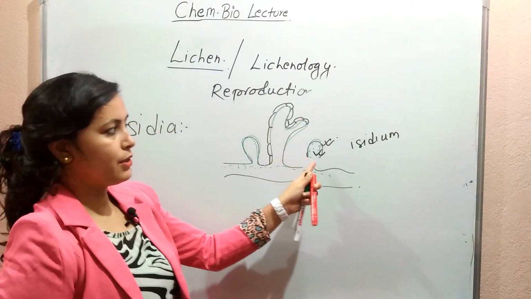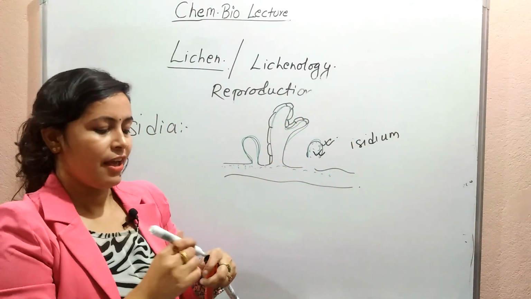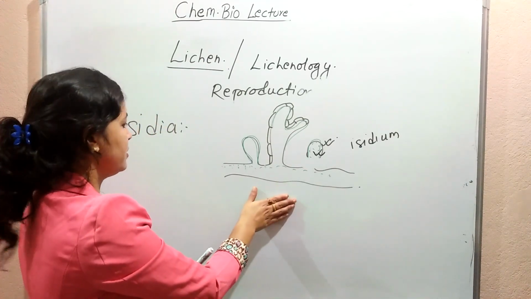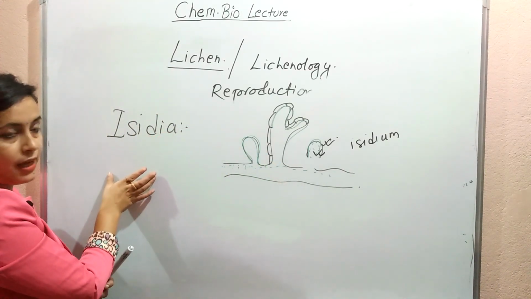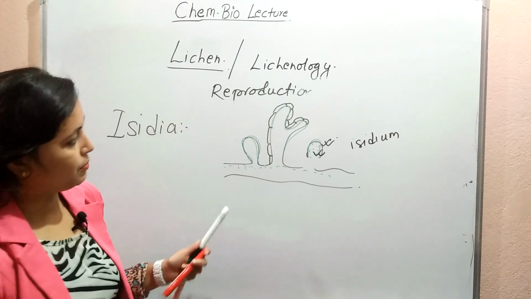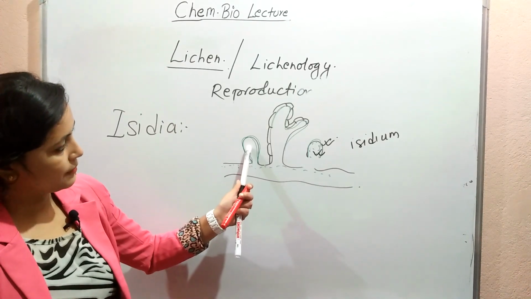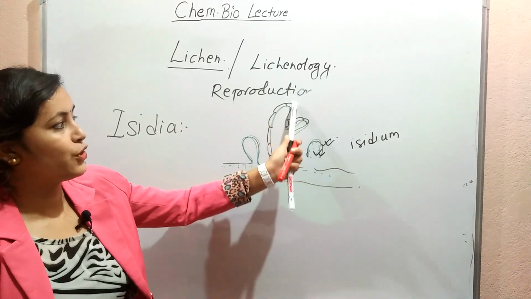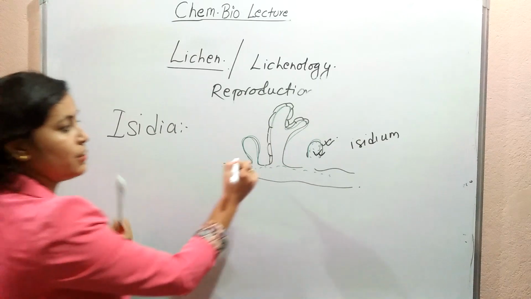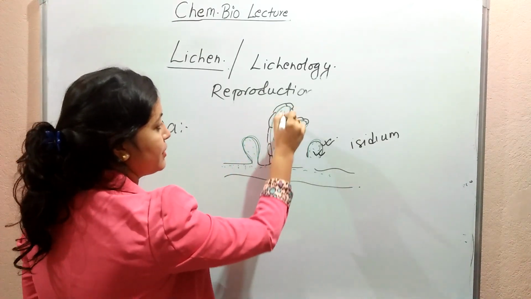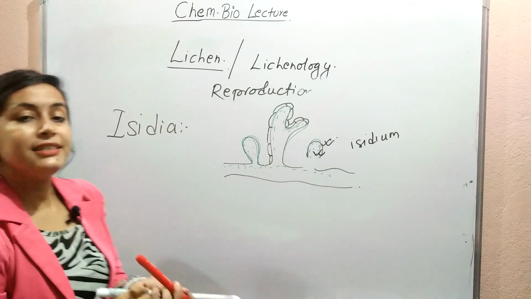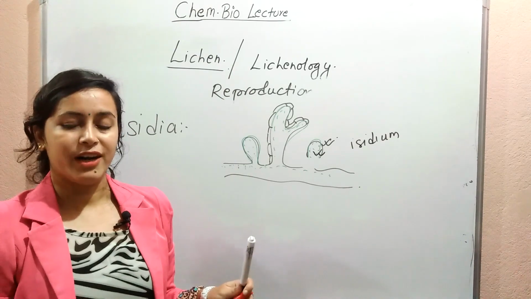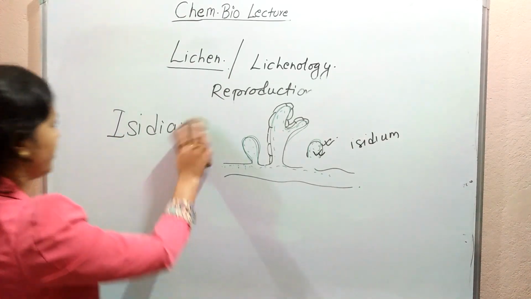When they get separated, each isidium is able to form a new thallus. Such reproduction by isidia falls under vegetative reproduction. They are papillate, tubular, branched or unbranched, with a layer of cortex cells, inside which lies the algal component and the fungal component. As the isidium has both algal and fungal components, it is able to grow on a surface.